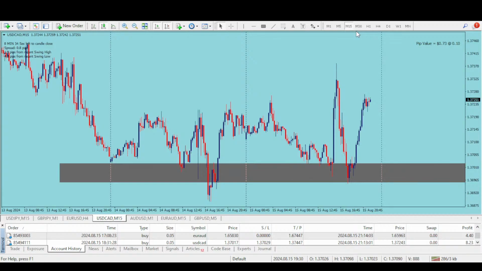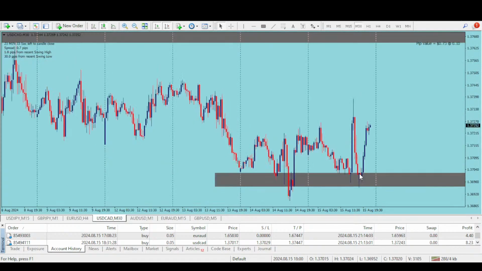So 3702. The initial stop loss was 36 points, 1.3694. Yes. Which was about 2 points, around not less than $3 risk.